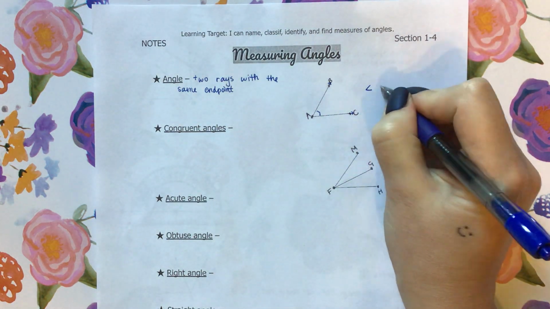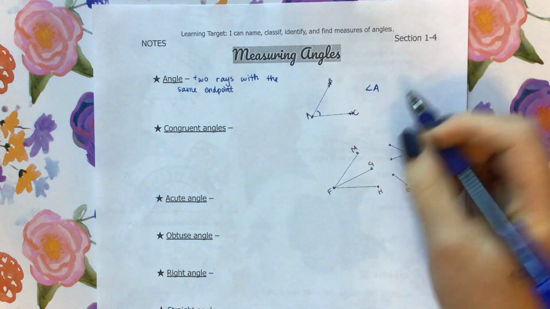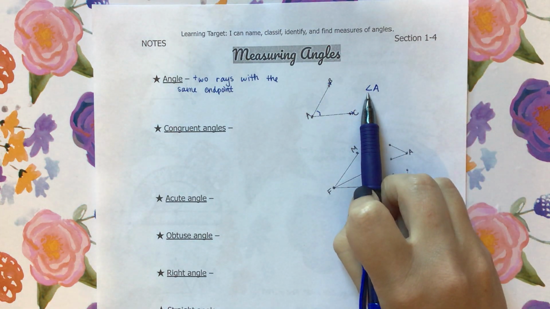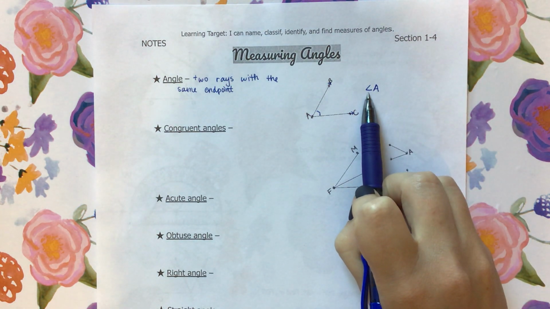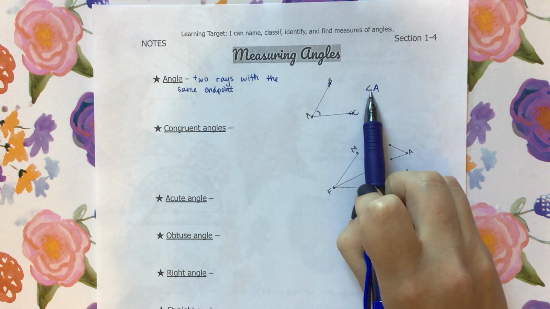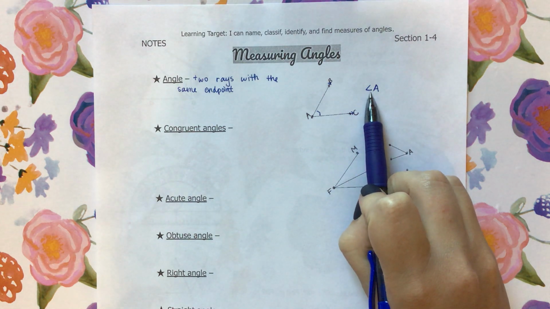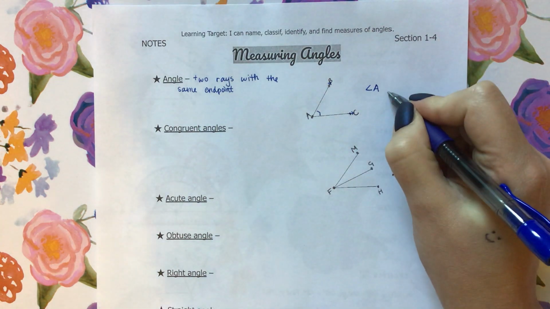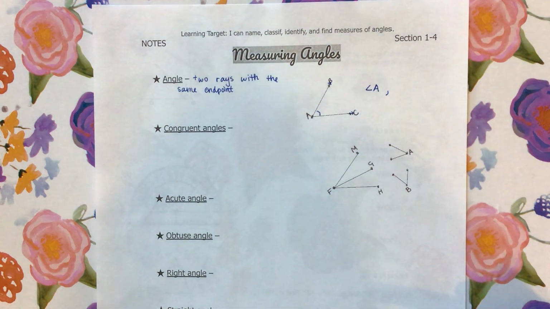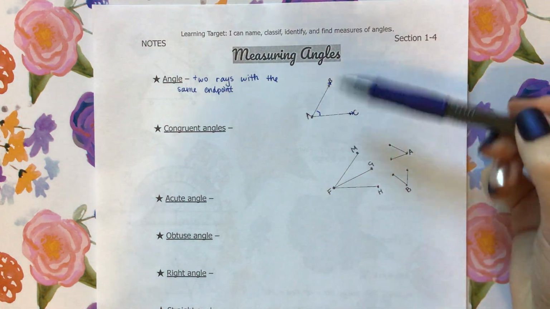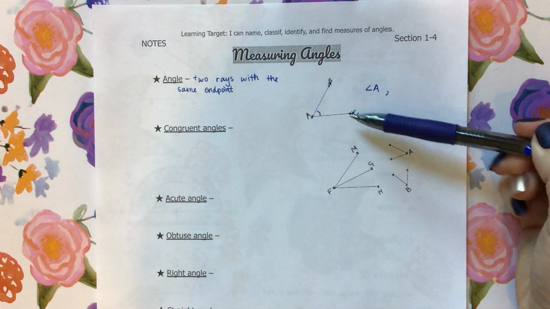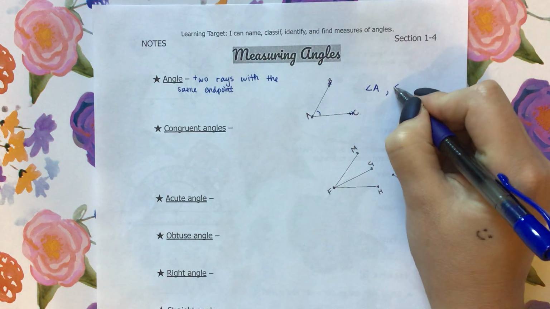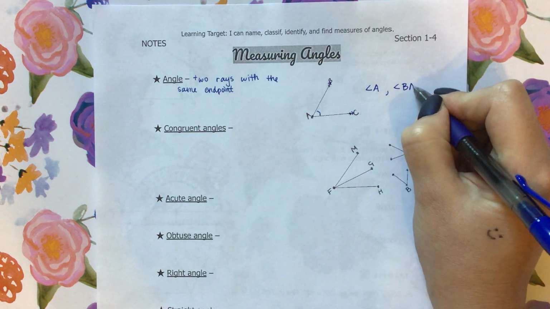We can call it angle A, and notice how this is the angle symbol. It looks really similar to the less than symbol, so I always try to make sure that the bottom of my symbol is pretty flat so you can tell the difference when I'm writing it. Or you can name it by points on the angle, so angle BAC.